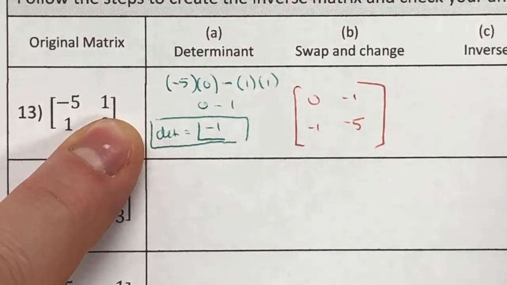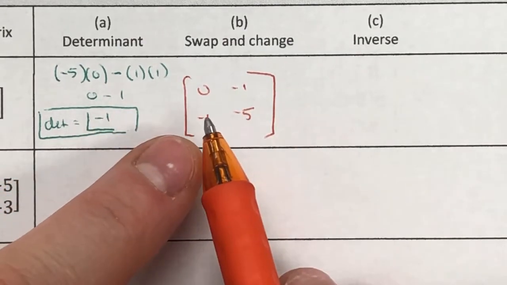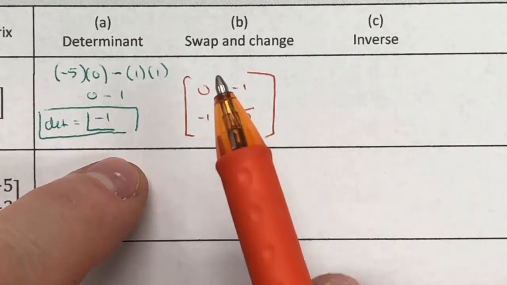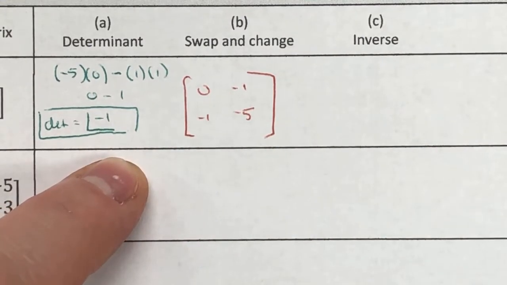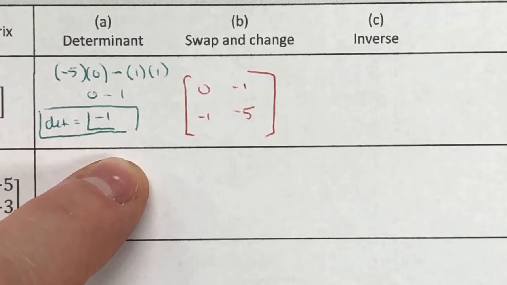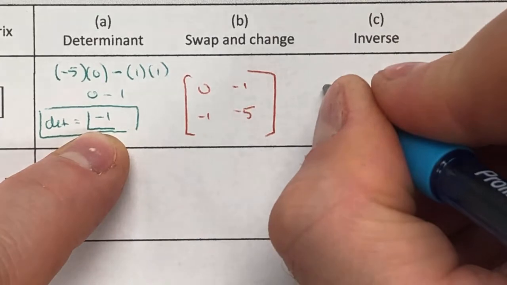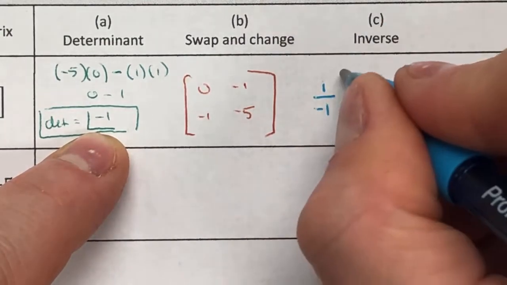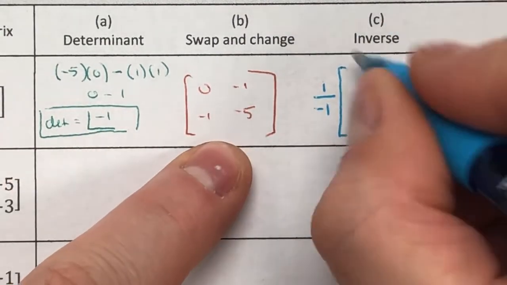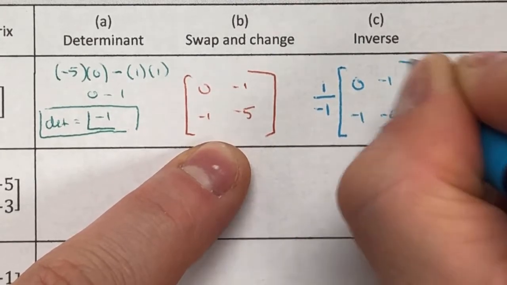So that means the inverse matrix is going to be pushing that value in as a reciprocal into this function. So the inverse itself, let's do this in blue. The reciprocal of negative 1 is 1 over negative 1, and we're just going to keep it 1 over negative 1 times this, which is 0, negative 1, negative 1, negative 5.